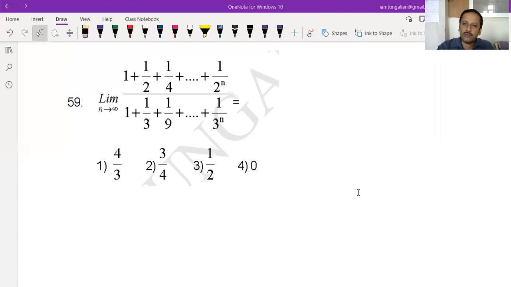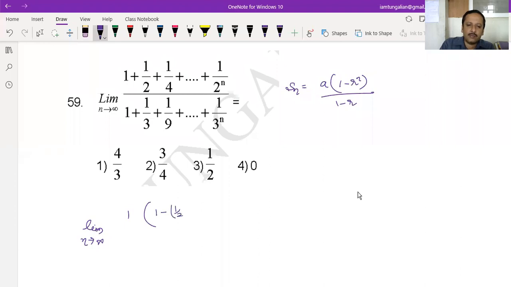Now the sum to n terms of a GP, Sn, you know the formula. Sn is equal to A into R power n minus 1 by R minus 1 if R is greater than 1. In this case, for both numerator and denominator R is less than 1. So A into 1 minus R power n divided by 1 minus R. Now if I use that formula here, in the numerator, A is 1 into 1 minus R power n, 1 by 2 to the power n, divided by 1 minus R, that is 1 minus 1 by 2.